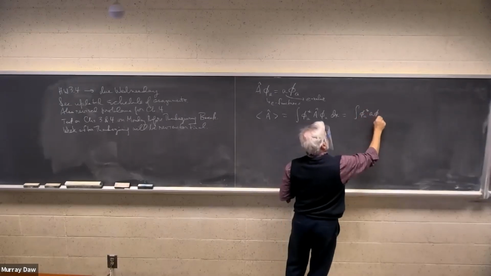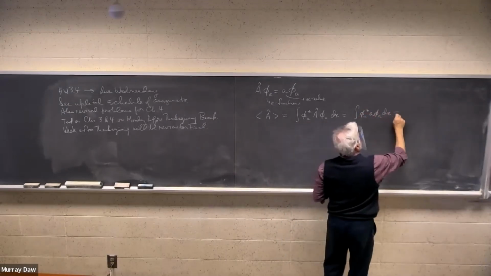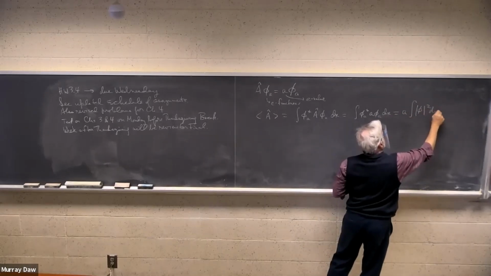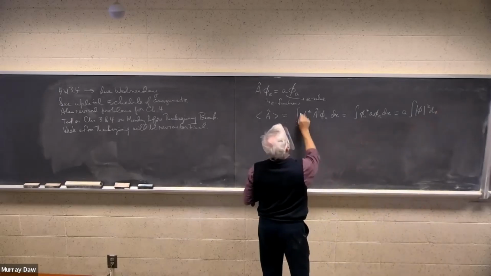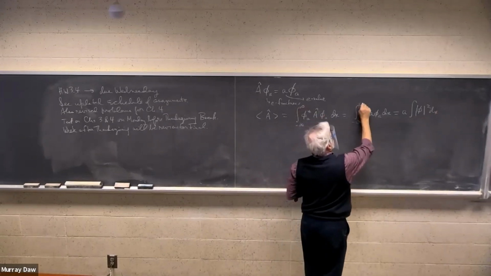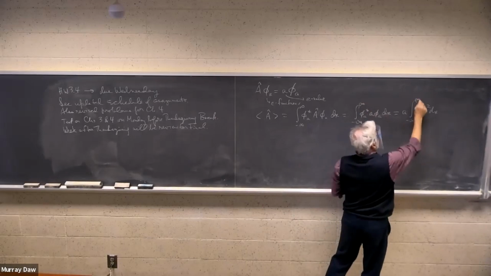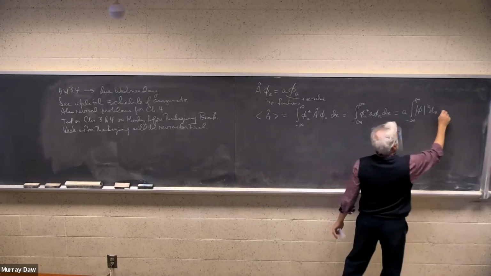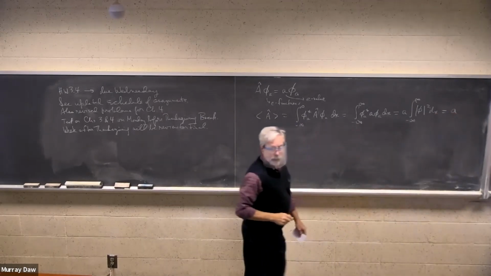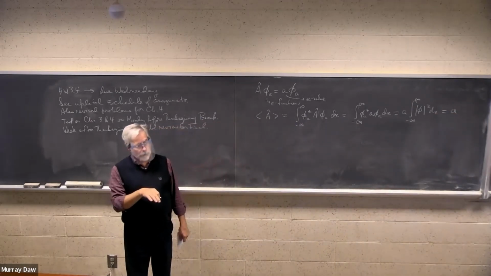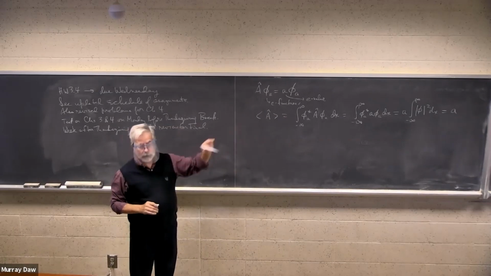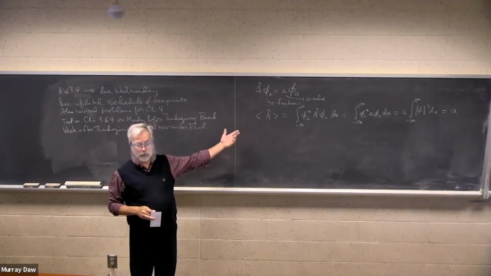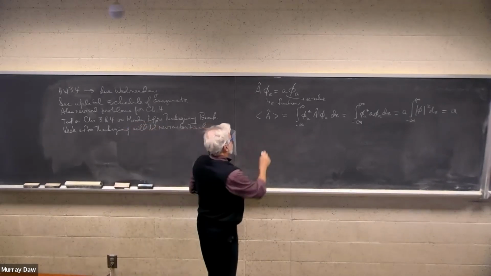This gives a constant a times the wave function, and that constant can be pulled out of the integral. The integral over the probability should give 1. So this is just a. The average of measurements of whatever a corresponds to should come out to be little a.